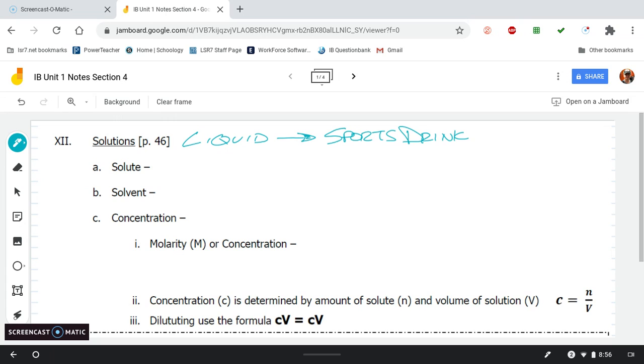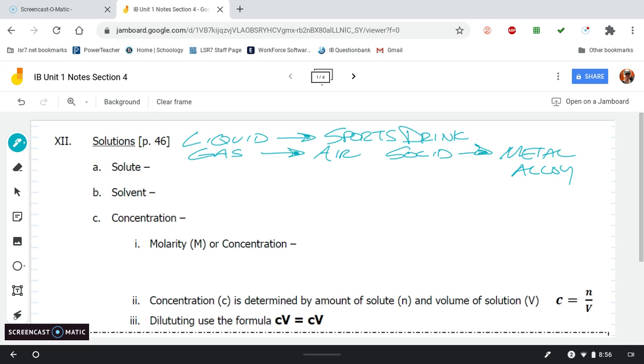Then you have the gas solution, which is where you have gases that are together, something like air. And then we can have a solid solution, and that would be some kind of alloy, a metal alloy, something that's not on the periodic table.